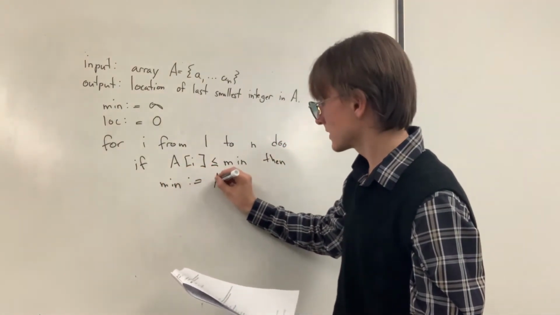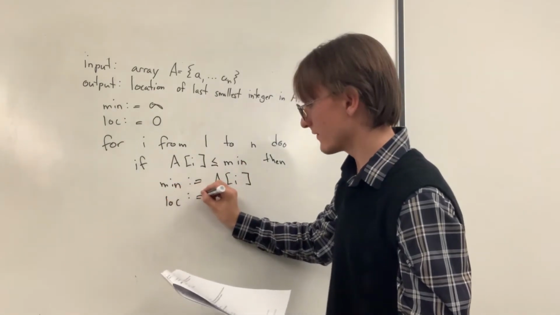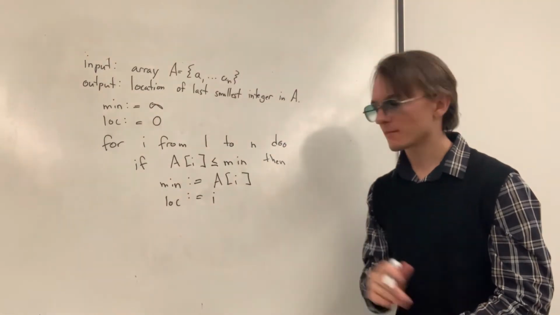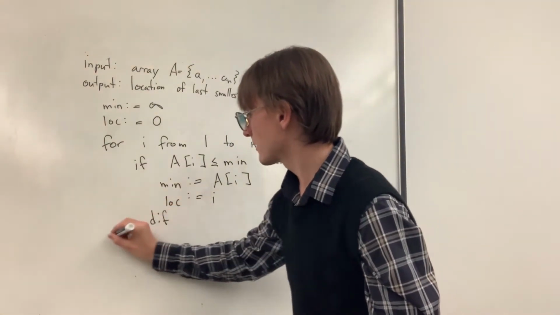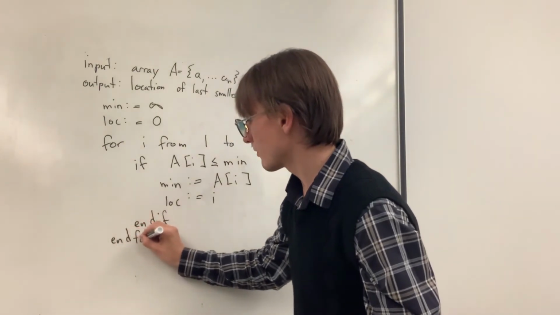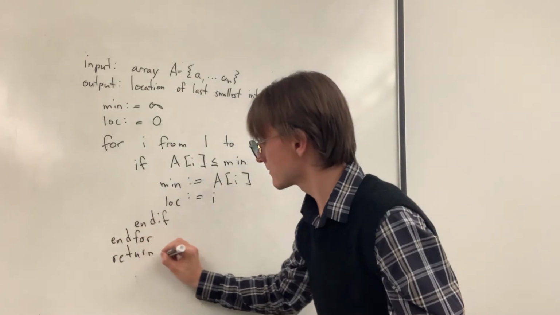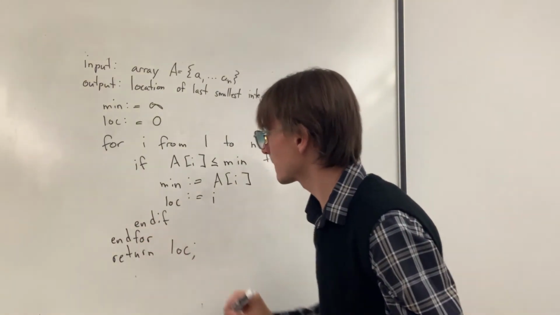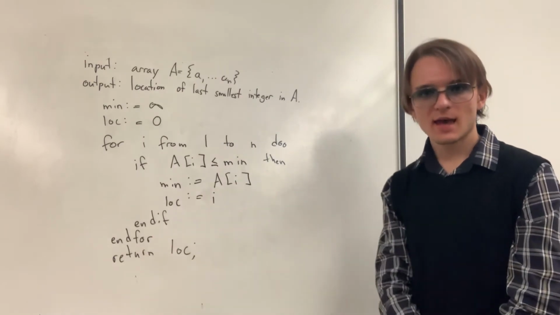Min becomes A of I, and the location of this minimum value is simply I within the array. Okay, we end our if, we end our for loop, and we return simply the location, which we called LOC, the location at that place within the array.